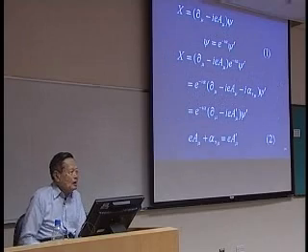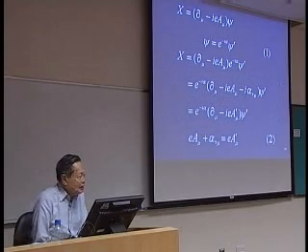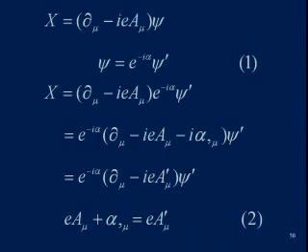So anyway, with all three of these motivations, we converge on one generalization of Maxwell's equations. And that goes as follows. First, in ordinary electromagnetism, we have this quantity in quantum mechanics.